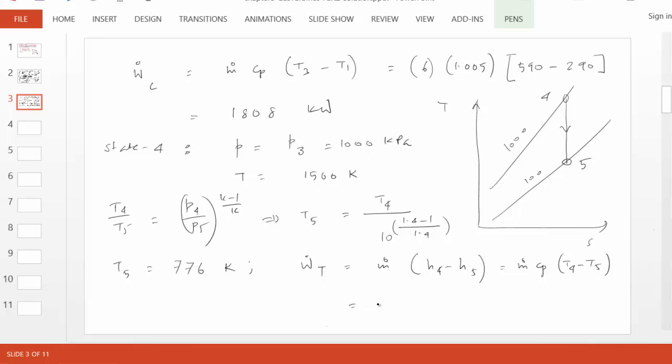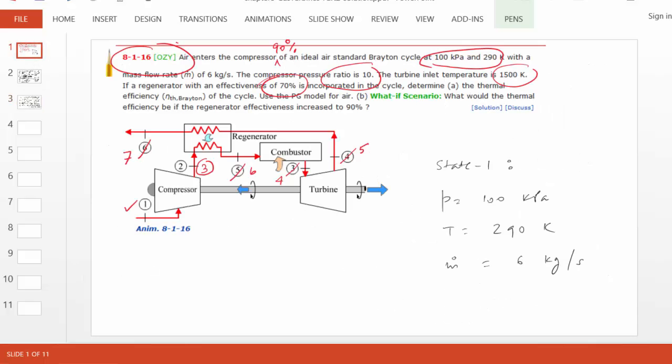Substituting the numbers, we get 6 times 1.005 times (T4 is 1500 minus 776), and the turbine power is about 4347 kilowatt.